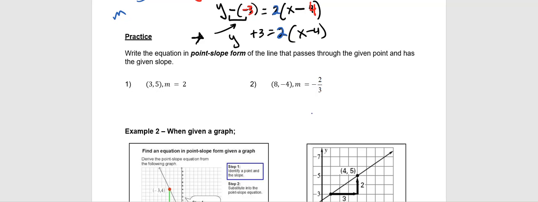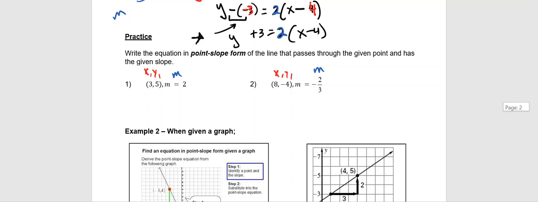I am going to move on, so you'll continue these two examples on your own, just simply substituting in quickly for x1, y1 in each case, and substituting in for m in each case, and getting rid of the minus and negative where applicable, and just leaving your equation in point slope form, resisting all temptation to do any other simplifying.